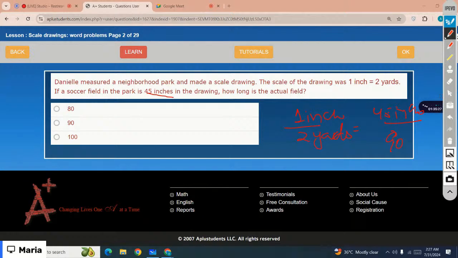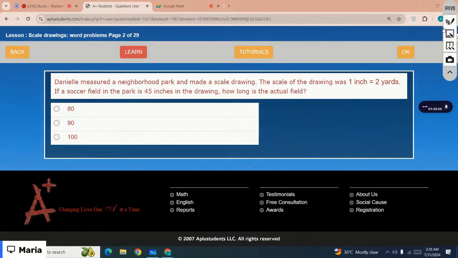The correct option is 90. Option number 2 is the correct option. Let's just start with the next test question.